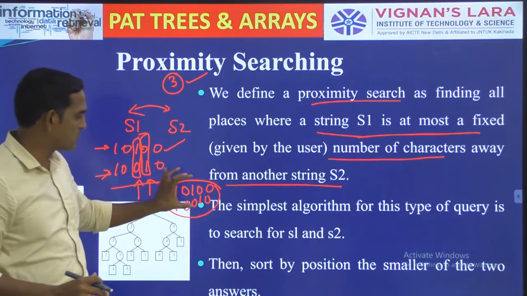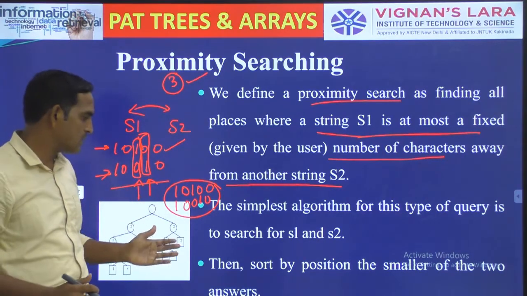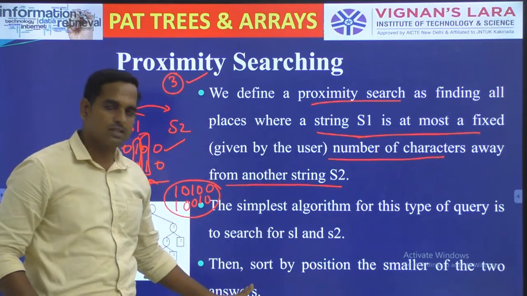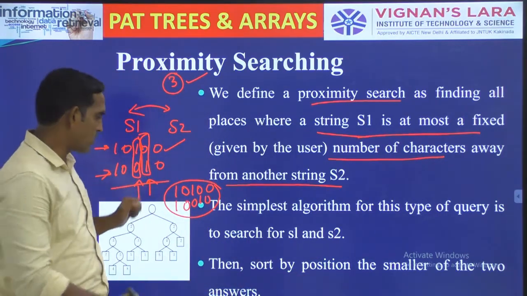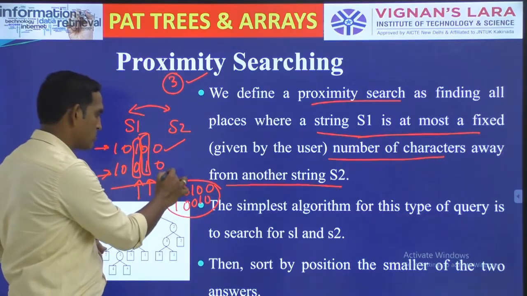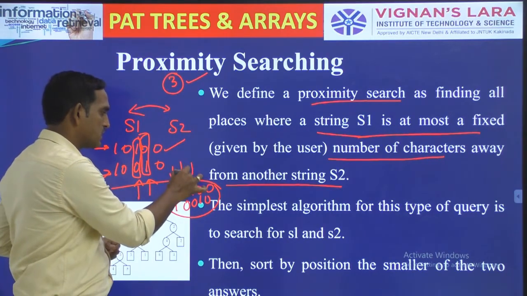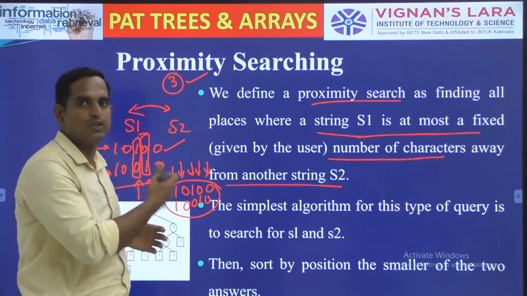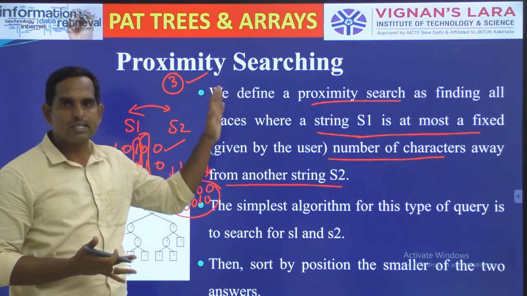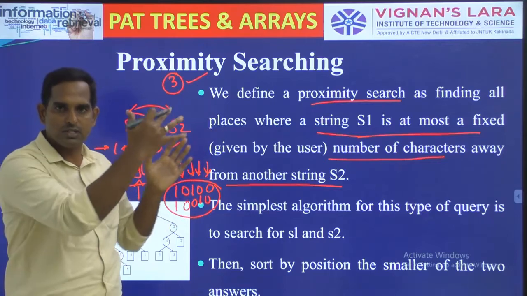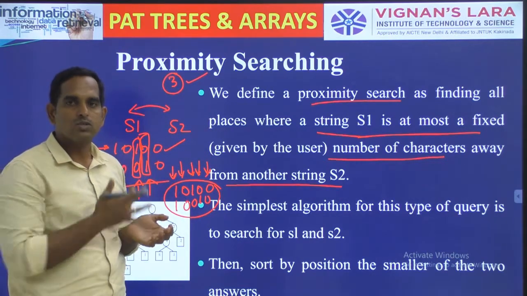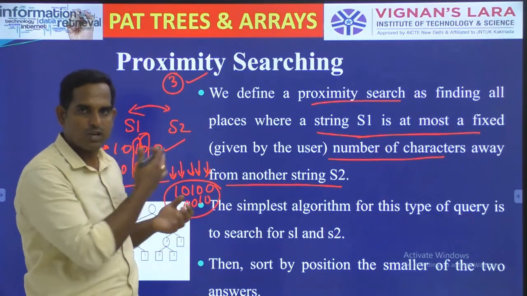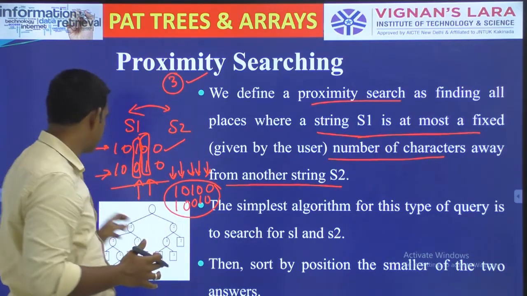You have to search for both in your pattern, then sort by position, taking the smaller of the 2 answers. You have to sort them by the positions where they are present. Then, by how many positions are different, you can find out whether there is a proximity between these 2 strings. So this proximity search can be done quite easily, or more efficiently, in your patterns.